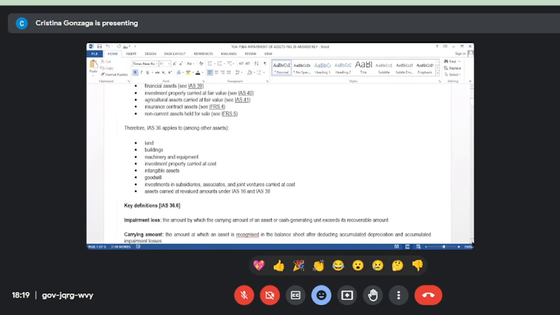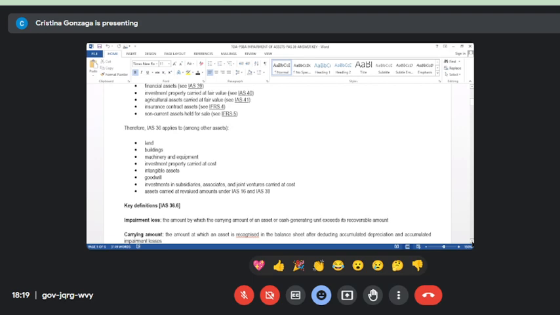That is why we always have testing for impairment as regards intangible assets. Now, goodwill is specifically mentioned. And then, of course, investments in subsidiaries, associates, and joint ventures carried at cost. So you see, it is always carried at cost.